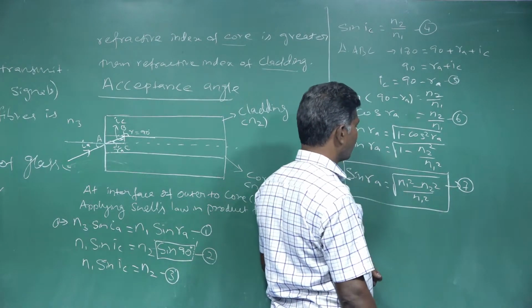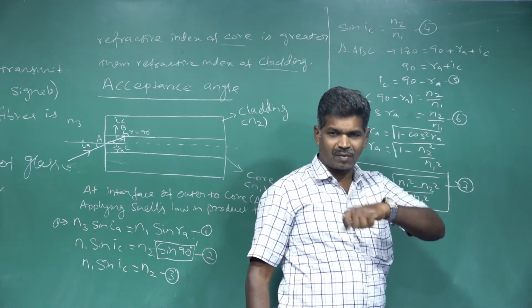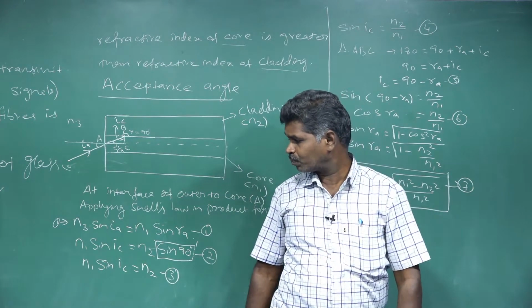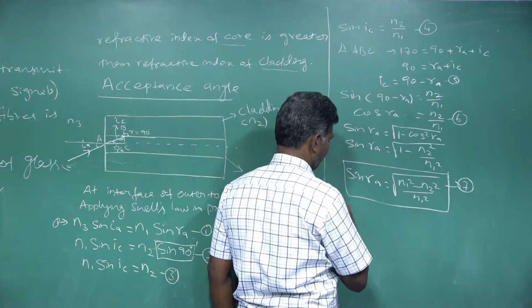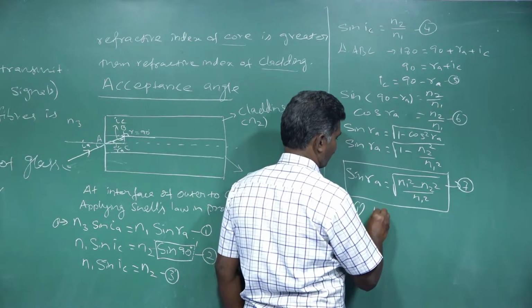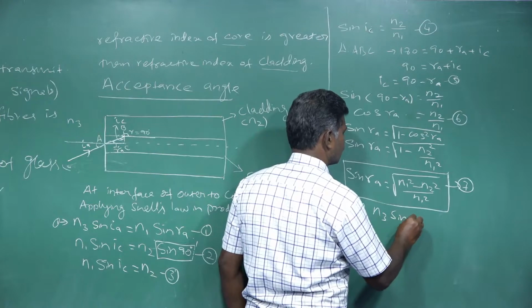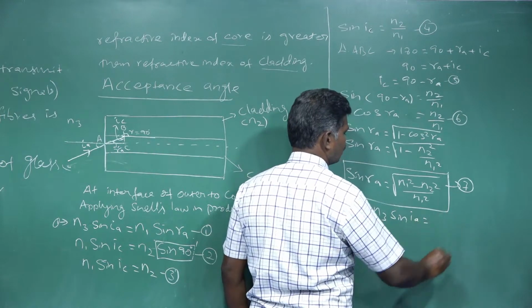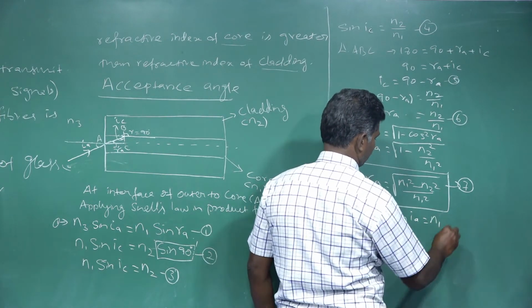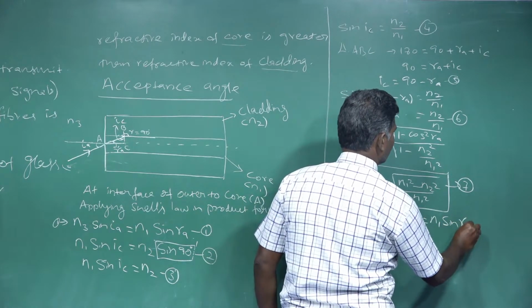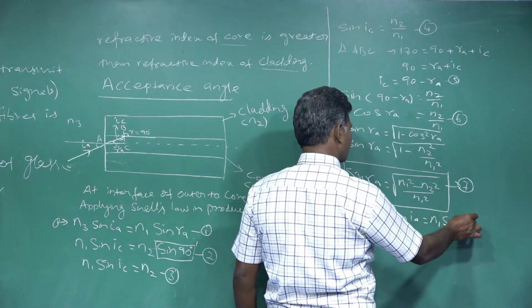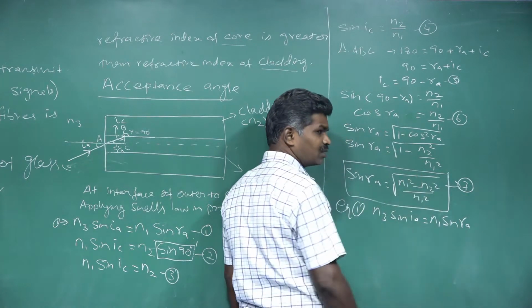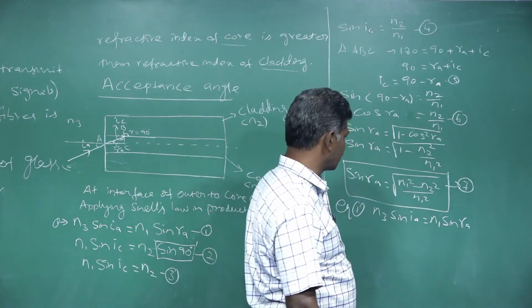This equation is going to be substituted in our equation 1. What is equation 1? We know that equation 1 is n3 sin IA equal to n1 sin RA. Now we are going to substitute the sin RA value from equation 7.